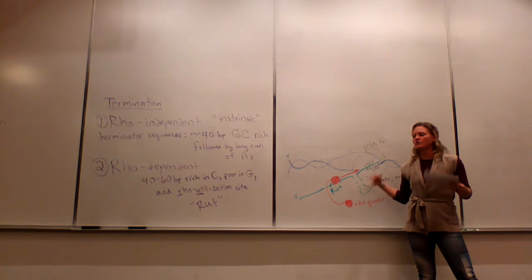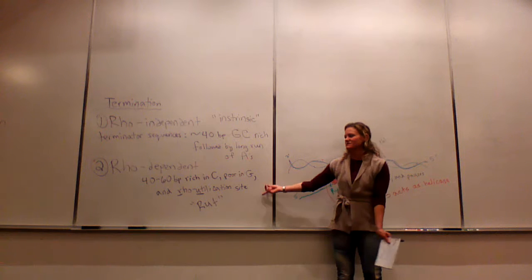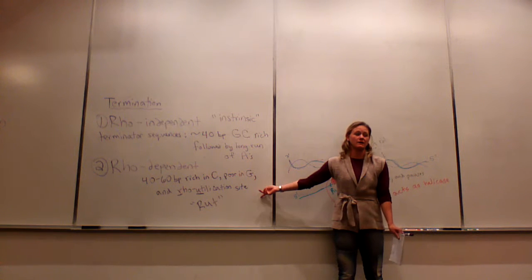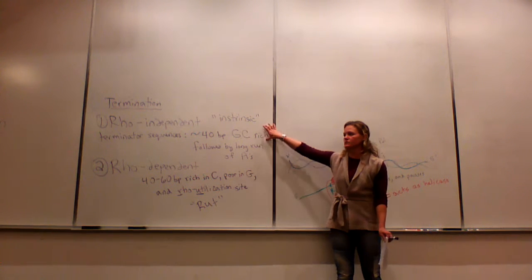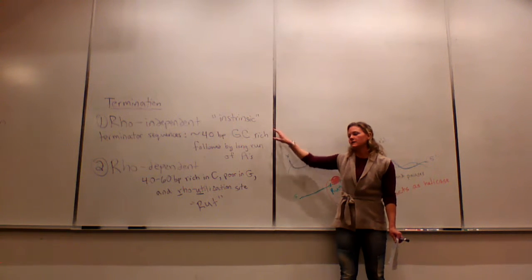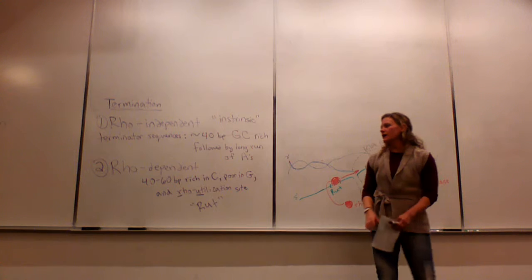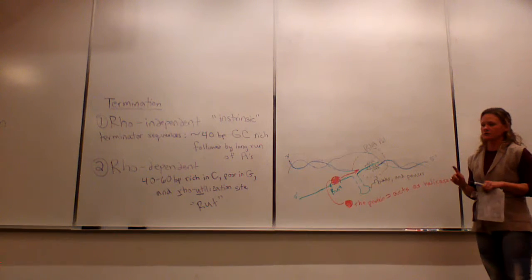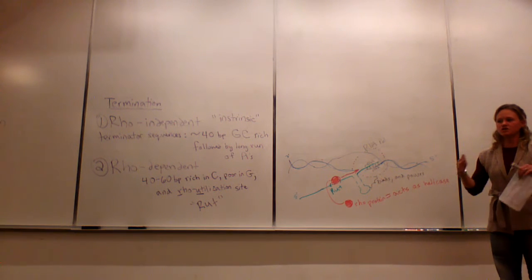So the only thing I have really to answer Melanie's question is that Rho dependent is more rare. More of the genes you'll see with Rho independent termination sequences. This is more common. And it's not necessarily that you have different cellular conditions, it's gene by gene. Each gene is specific.